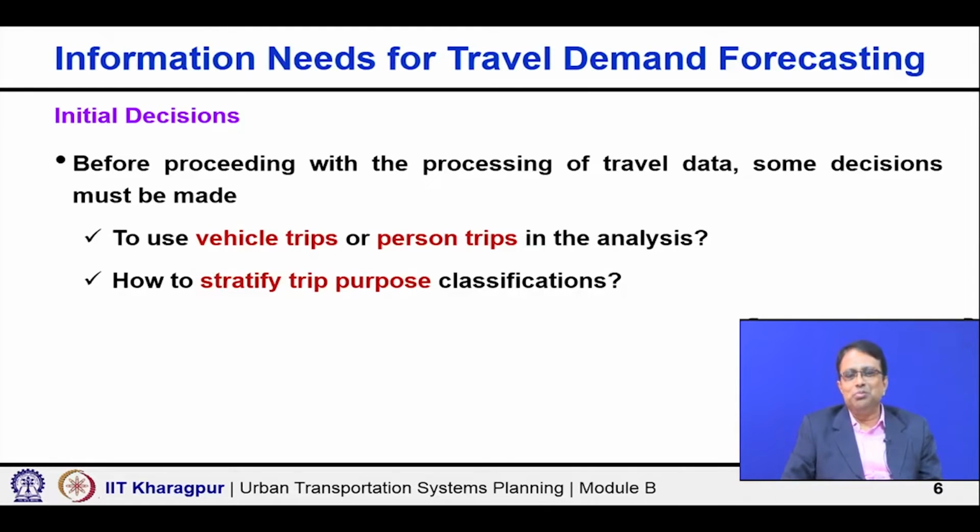One can do both, one can use person trips, one can also use vehicle trips. And the second is how to stratify trip purpose classifications. These are the two initial decisions that we need to make when we are developing the database related to travel.